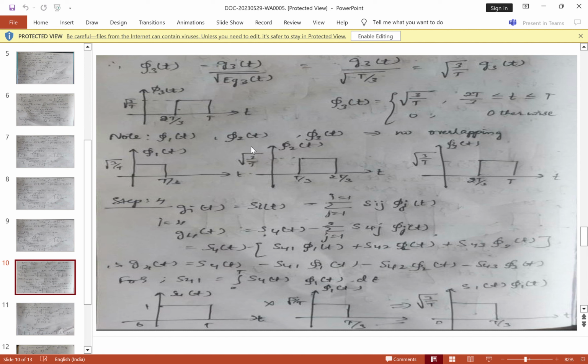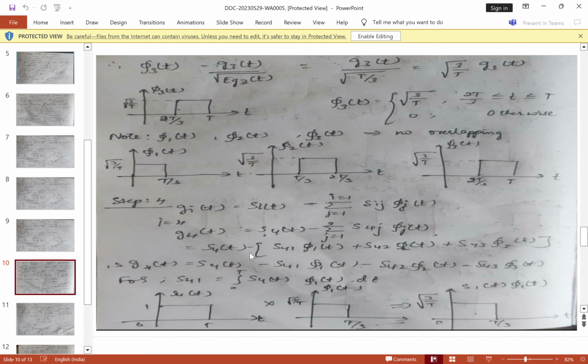Step 4: a signal is transmitted. We have to find gi of t is equal to si of t minus summation of j equals 1 to i minus 1 of sij into psi j of t. For i equals 4, g4 of t is equal to s4 of t minus summation of j equals 1 to 3 of s4j psi j of t.